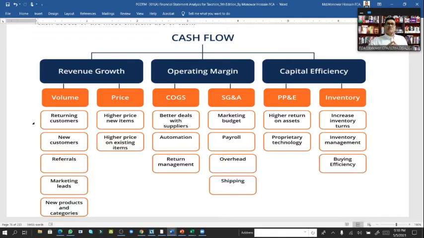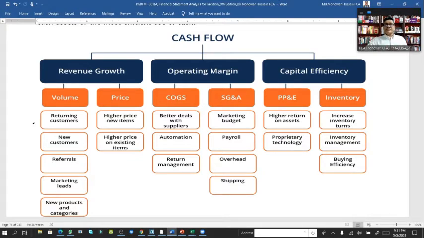And operating margin, we can grow by making better deals with suppliers for cheaper but good items, and also through automation and return management. That means if we apply time management and motion study, and introduce automation within the factory, within the company, then we will be able to manage the operating margin, and automated payroll, overhead, everything can be saved here scientifically.